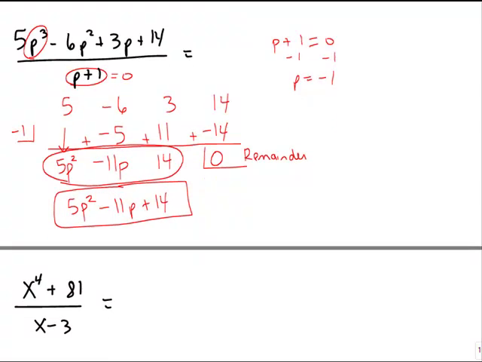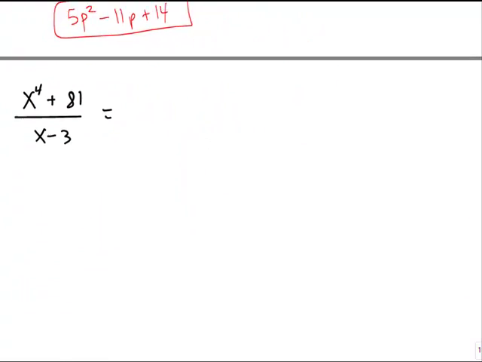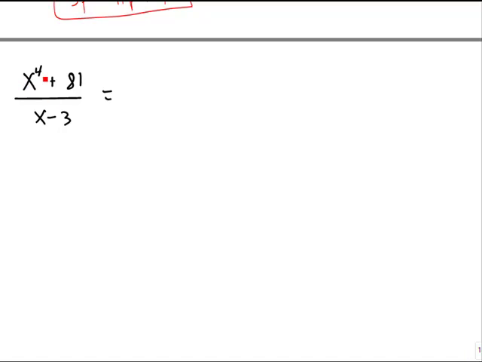Okay, let's try another example. Now the next one here, notice on the top, starts with an x to the 4th, and then it jumps all the way down to that constant. So the x cubed term, the x squared term, and the x term are all missing in this numerator. We want to make sure that we account for those because we may need them when we divide.